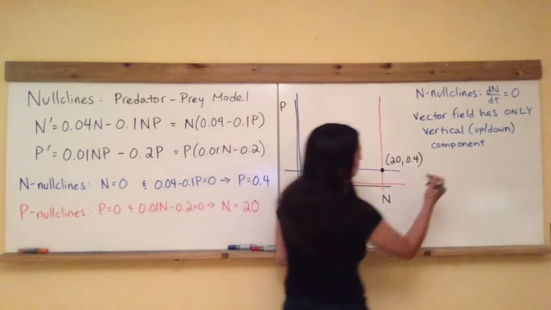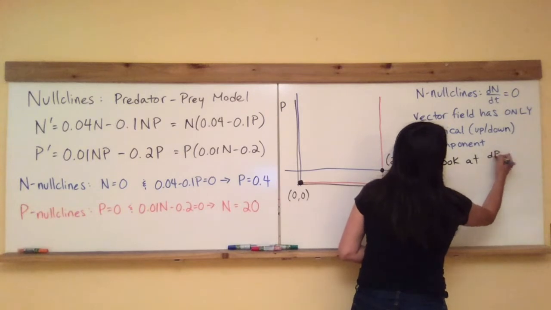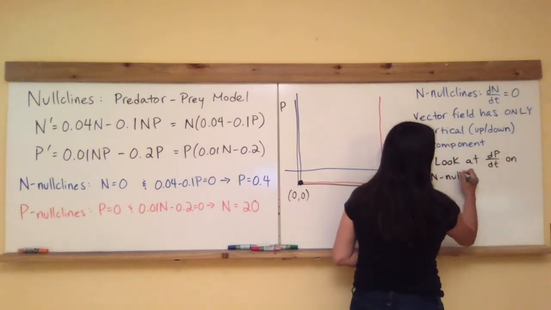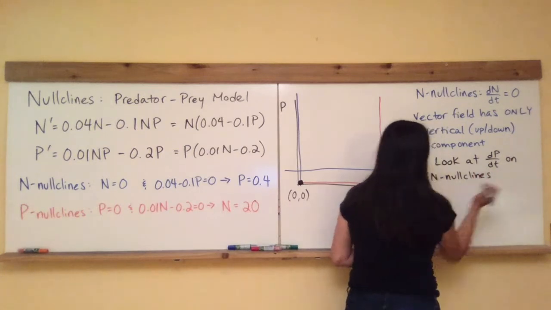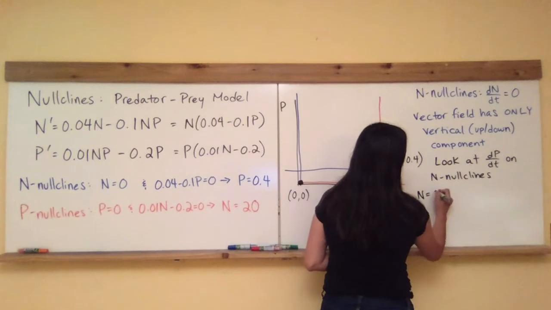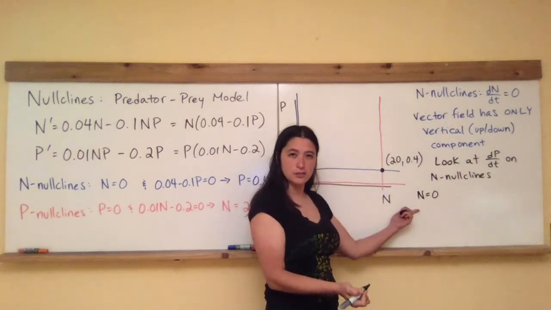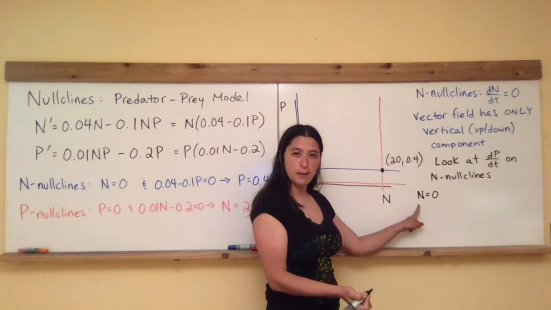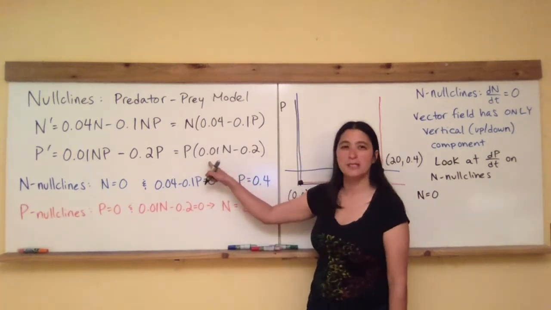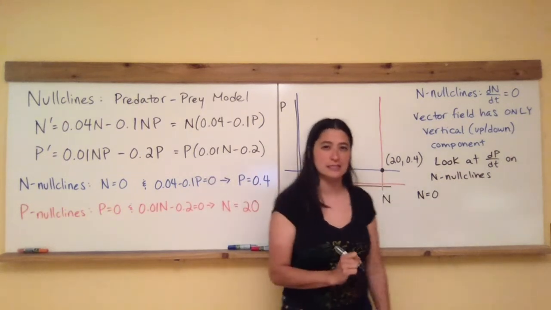Okay, so now I'm going to look at dp/dt on the n nullclines. The first n nullcline I have is n equal to 0, right? So that's my nullcline, n equal to 0, but what I'm going to do is plug this statement into the equation for dp/dt to see if I can determine whether it's pointing up or pointing down.